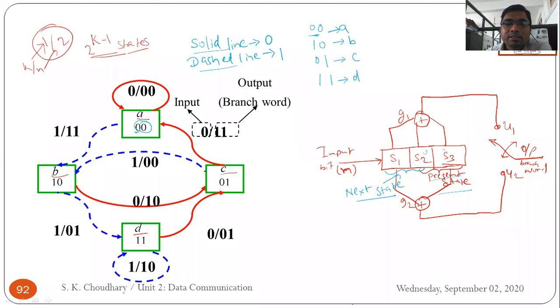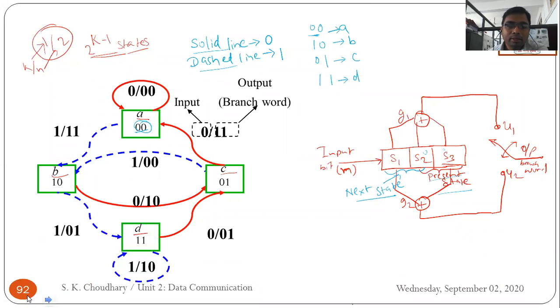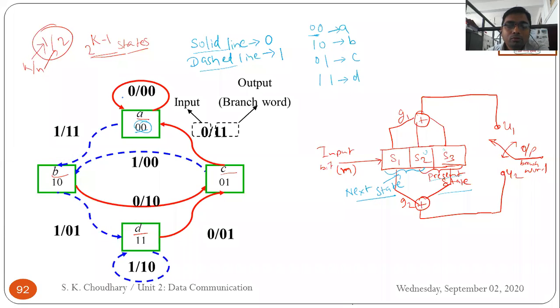Now, when we are in the 0 state, at that moment, suppose we receive the input as 0. If we redraw this, this is the present state PS and this is your next state.